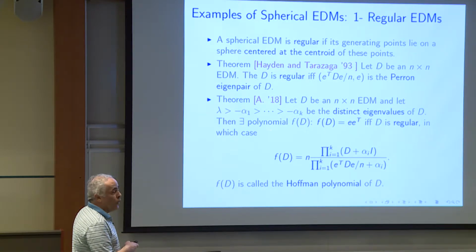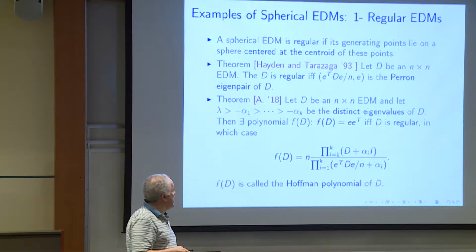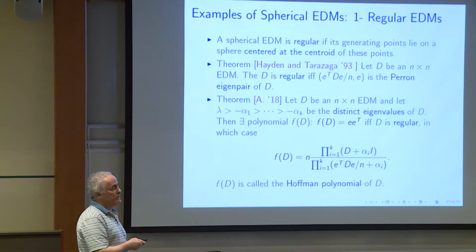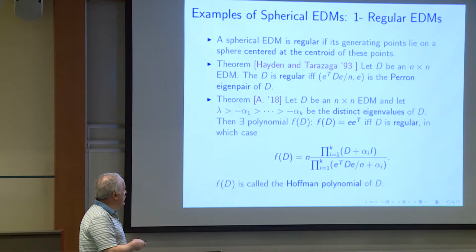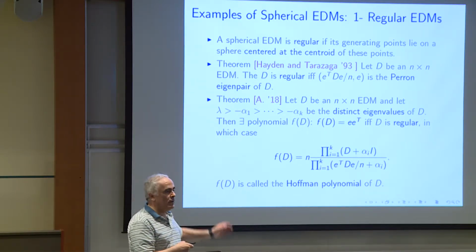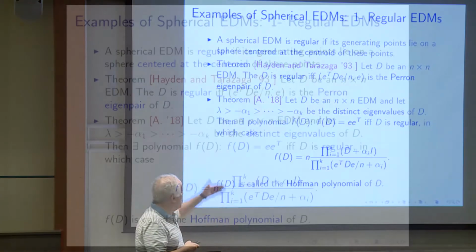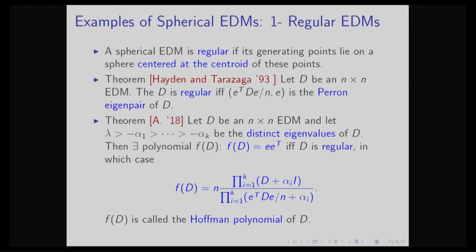Then there exists a polynomial equal to E transpose, the matrix of all ones, if and only if D is regular, in which case this is the polynomial. This is exactly the Hoffman polynomial applied to EDMs. So you can see there is a lot of connection between regular EDMs and regular graphs, and this is connected to the notion of strength of EDMs introduced by Neumayer.